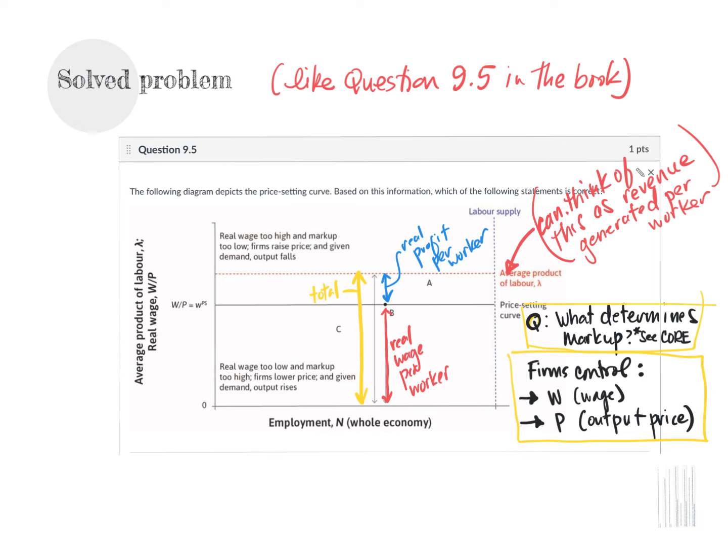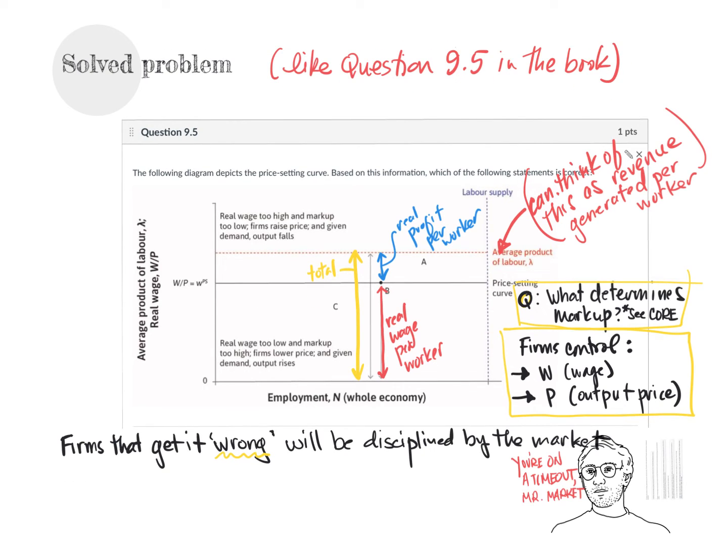So firms are, in some sense, disciplined by the market. So that's what determines the height of the price setting curve, right? Given this average product of labor, the going normal rate of profit suggests that we need to have this much profit so that the price setting curve is here.